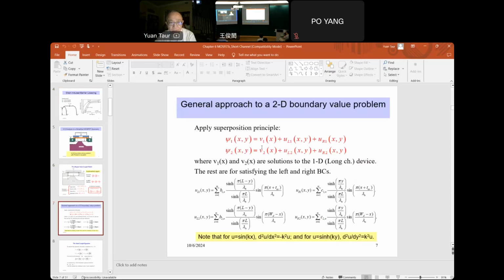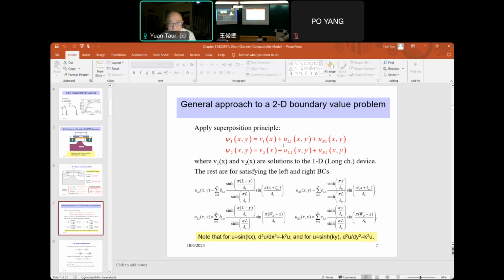Now, when we decompose that, we assume V1 and V2 are long channel solutions. Those we already know, as we discussed in chapter 4 and chapter 5. Basically this is the diffusion approximation, because it's below threshold, so the only charge is the depletion charge.